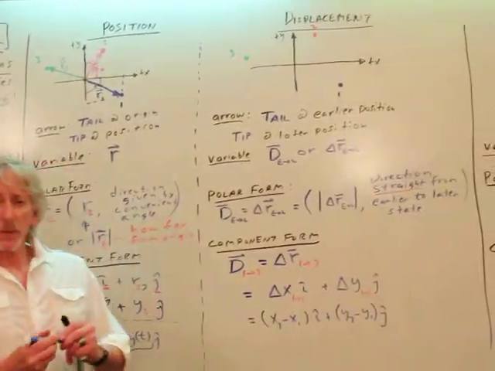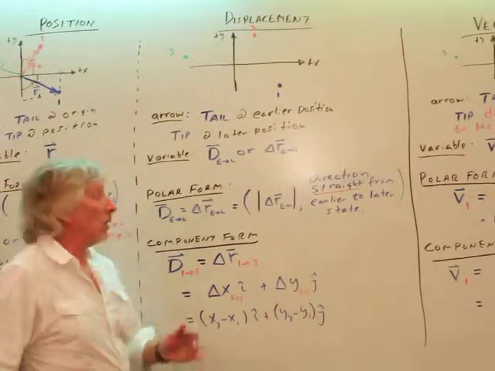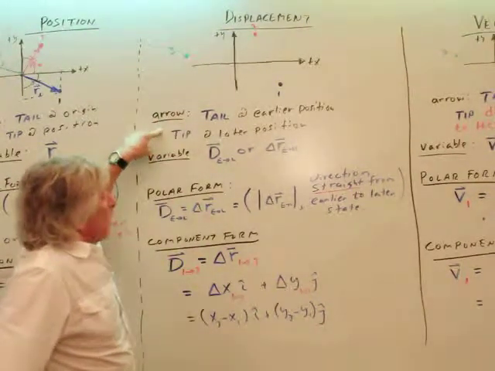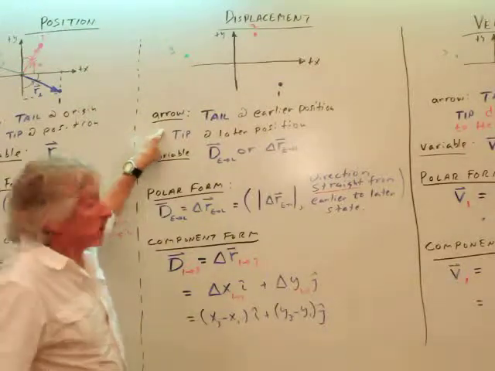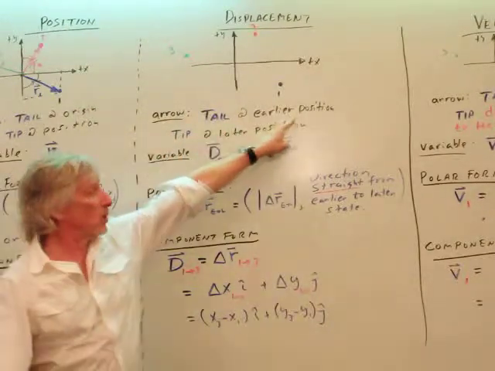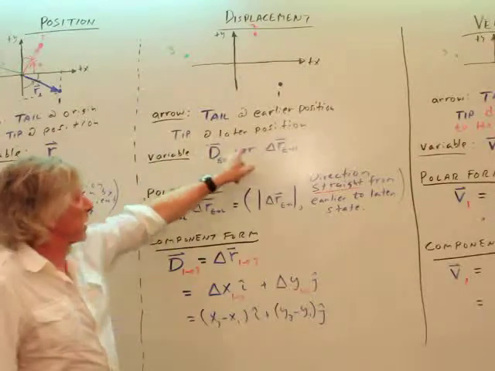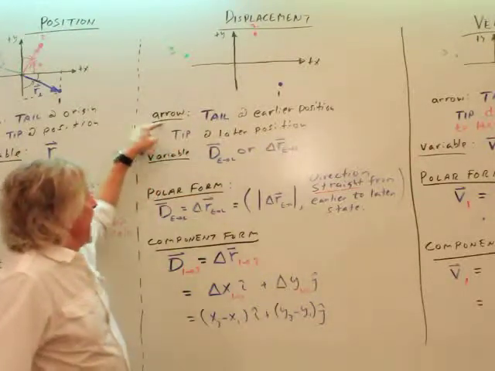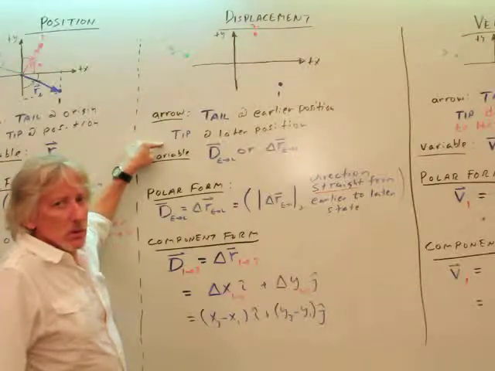Okay, let's try displacement, then we'll work with it. And as you work with it, this will all kind of settle in. So displacement. Where do we draw the arrow? It's a little different. The tail is at the earlier position, and the tip is at a later position. So notice displacement happens between two states.